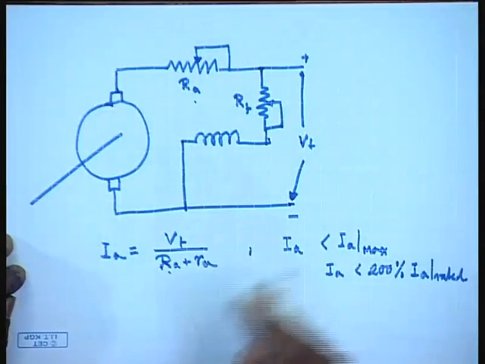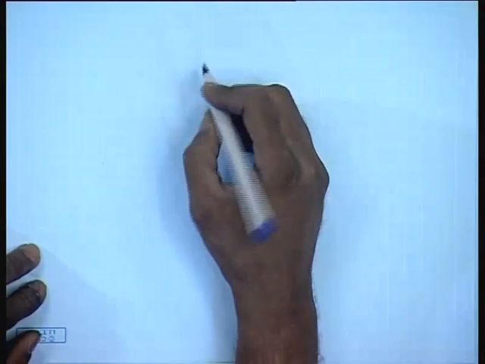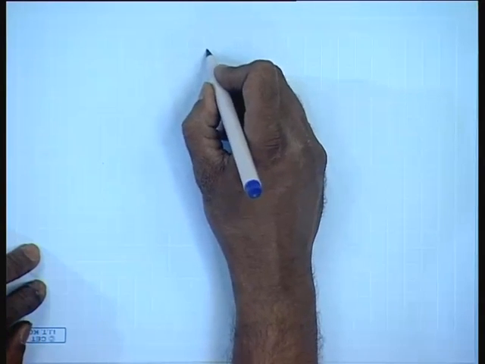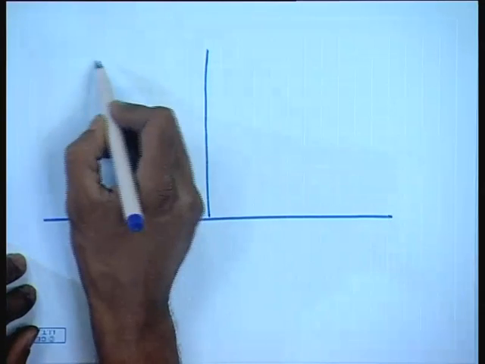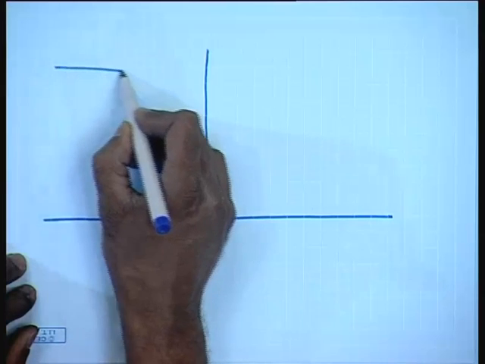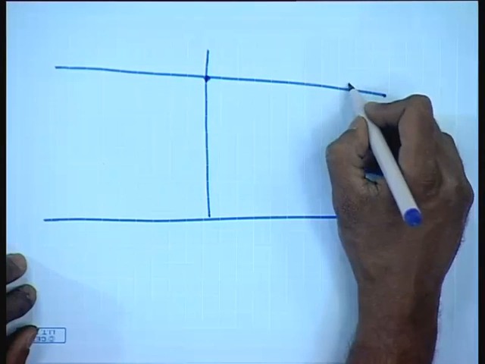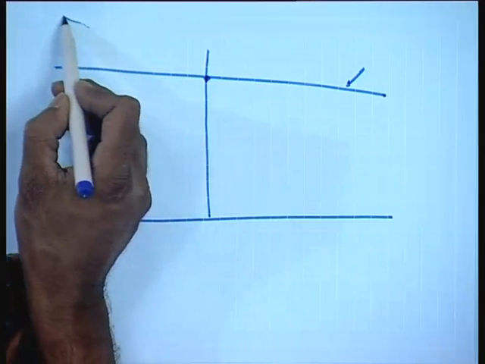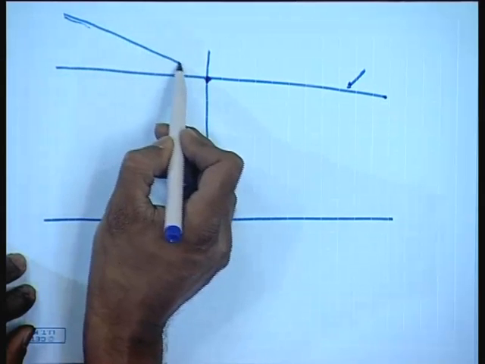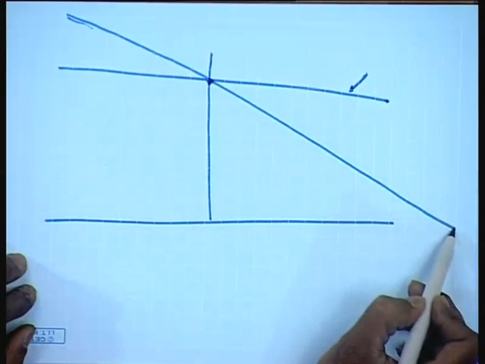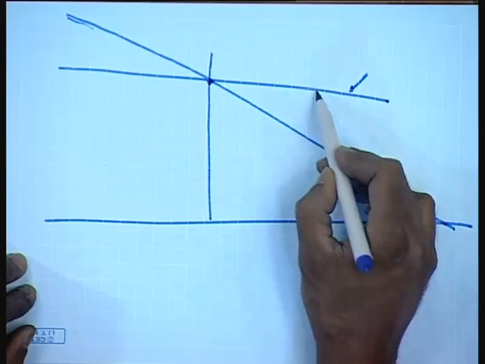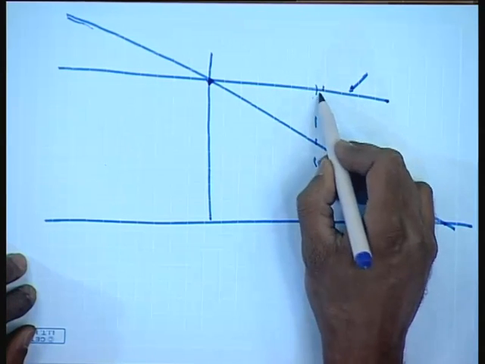So, we add an additional resistance to limit the current, but then what happens? Once we add the resistance, the motor characteristics change. This was the intrinsic characteristics, and possibly this is the characteristics with the added resistance. This is possibly 2 times Ia rated.